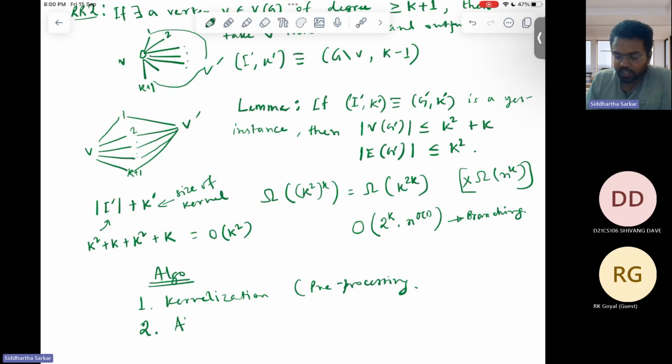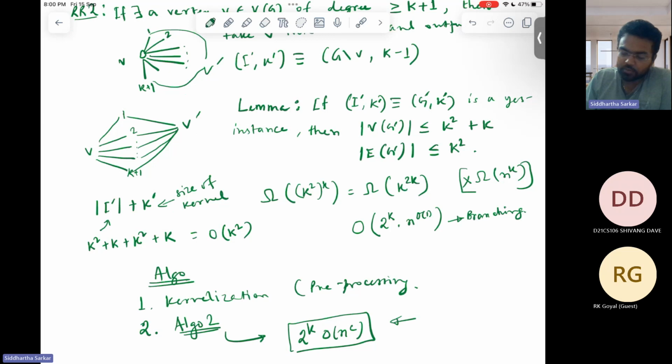So you have a second part. Then you obtain a total running time of 2 to the power k times n to the power c. And then we say that this problem is fixed parameter tractable for the parameter specified.